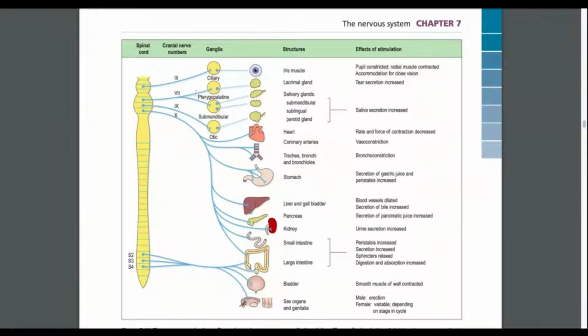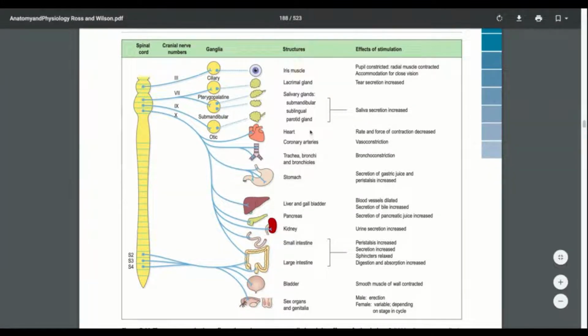The seventh cranial nerve is forming the pterygopalatine ganglion of the facial nerve. Then the ninth cranial nerve is forming the otic ganglion of the glossopharyngeal nerve, and the 10th cranial nerve is directly distributing the fibers to the heart, bronchus, trachea, stomach, liver, pancreas, intestine, large intestine.